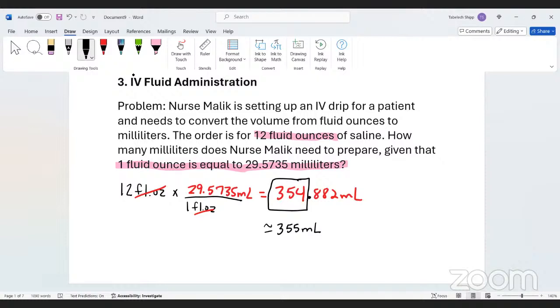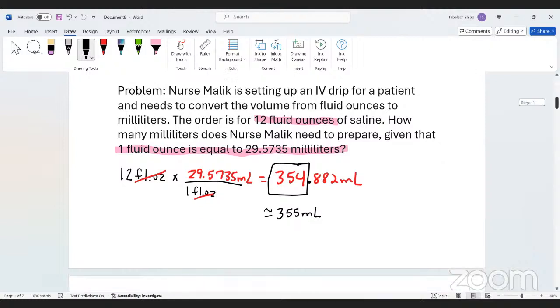Instead, they're going to give you the answer based on the correct number of significant digits. Okay, so you got to make sure that you put your answers appropriately in the correct number of significant digits. All right, any questions so far from anyone? If not, we're going to keep on moving.